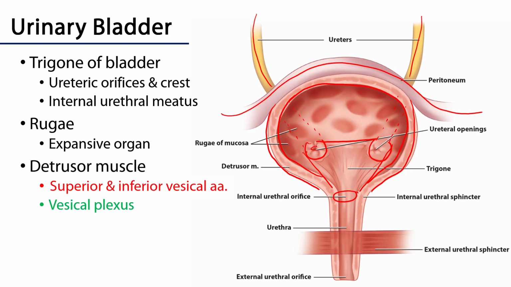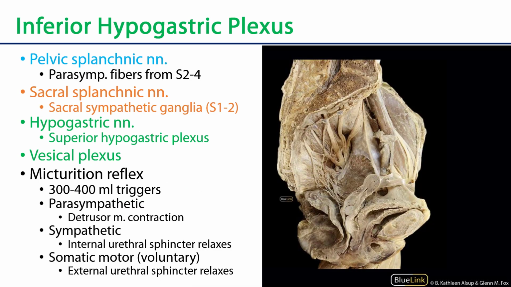And because this is smooth muscle, we know that it's not under somatic control. It is under autonomic control. And the autonomics that control the bladder, or the detrusor muscle, are called the vesical plexuses. There's going to be one on either side of the pelvis.